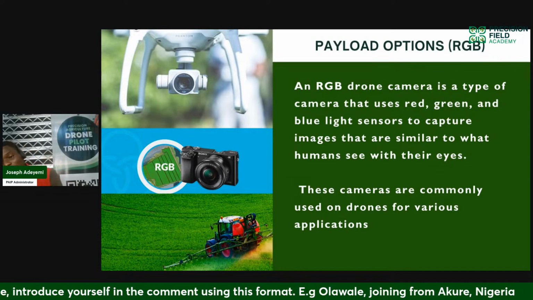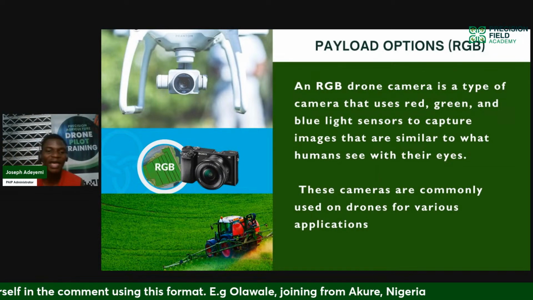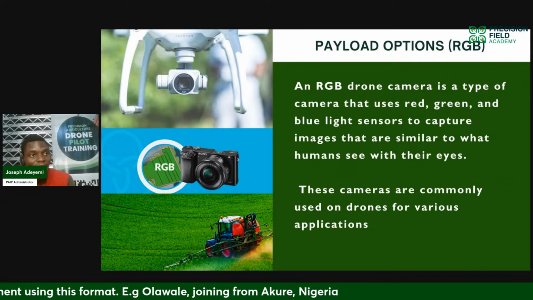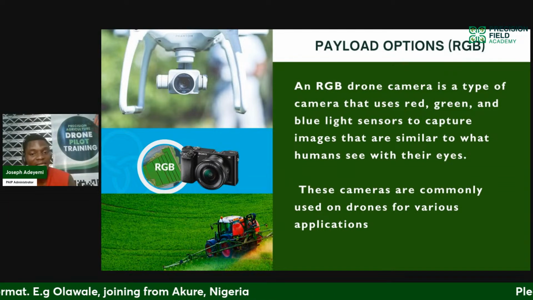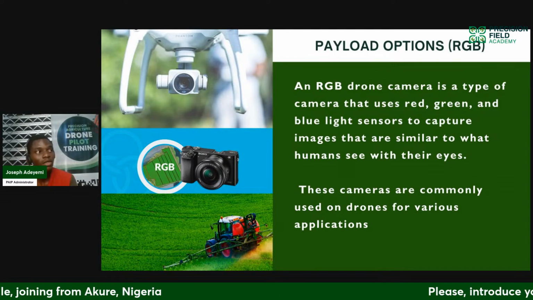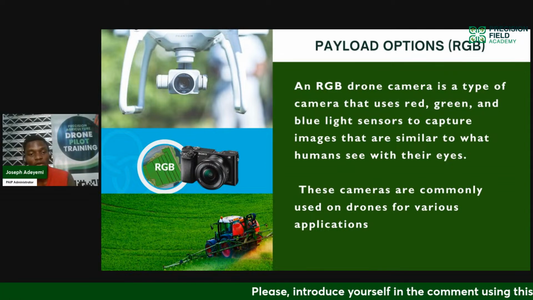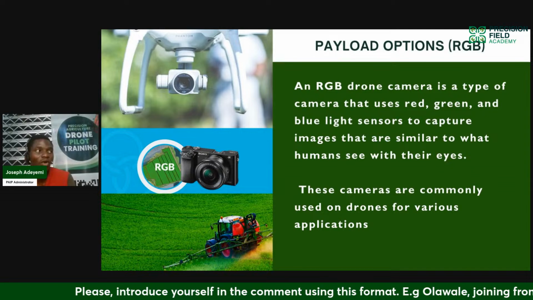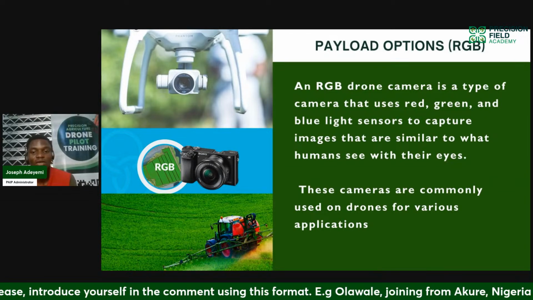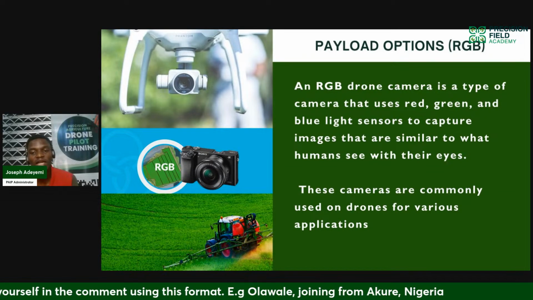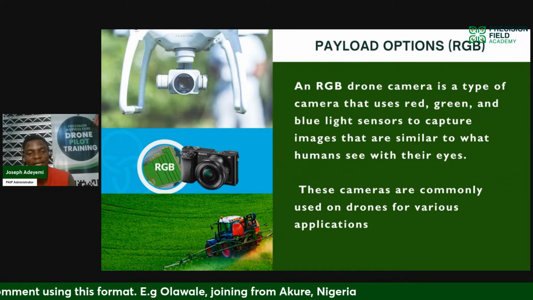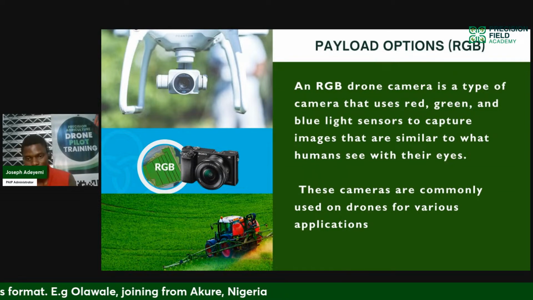Your normal phone camera is an RGB, and it can capture every color your eyes can see, maybe green, red, yellow, black, purple. So your RGB drone will definitely capture data that your eyes can see.